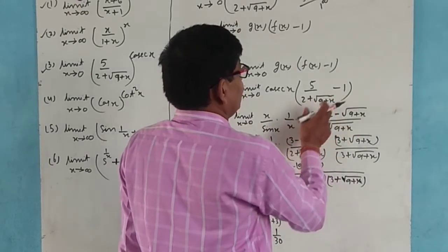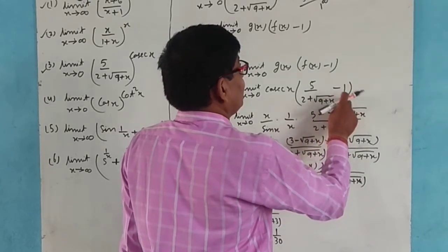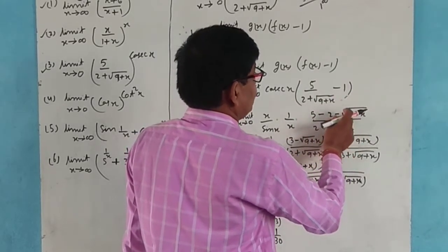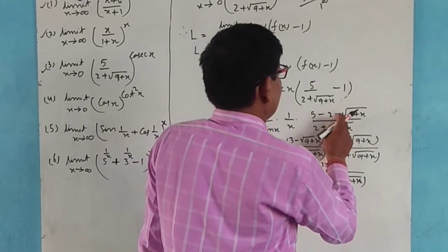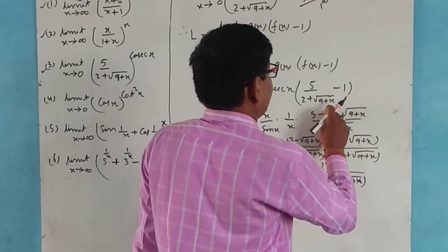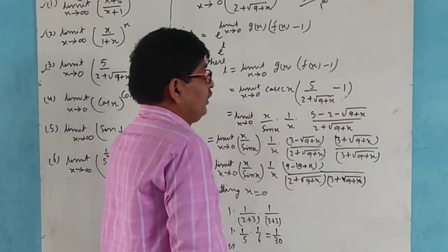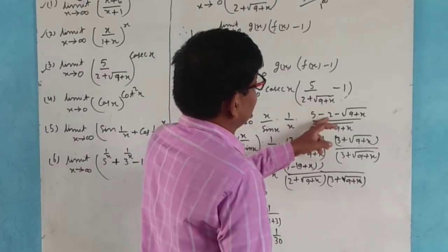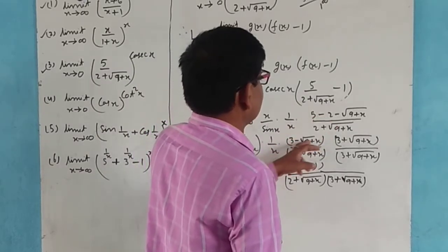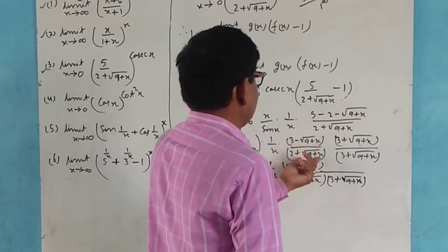This is only 5 and this is 1, so that 2 plus under root 9 plus x, and after opening the bracket this becomes negative, so that this is 5 minus 2 equal to 3 minus under root 9 plus x, and this part here.